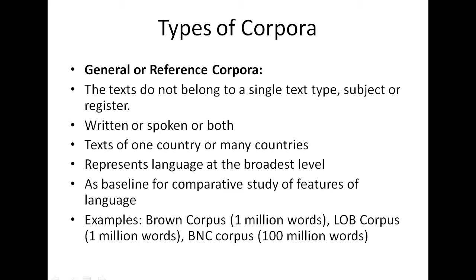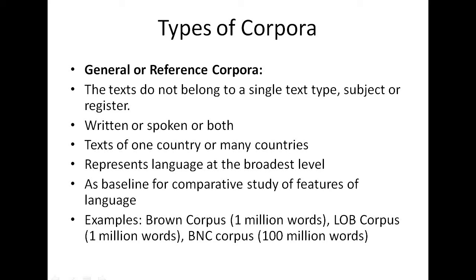So what is the object of collecting such kind of corpora? It represents language at the broadest level, because whatever the example we have taken, it contains the text of newspaper, fiction, and advertisements. So it is actually representing language at the broadest level. And what is its use?